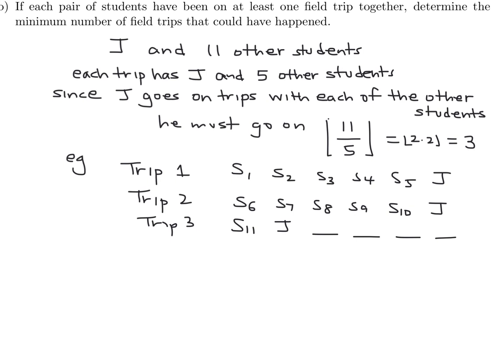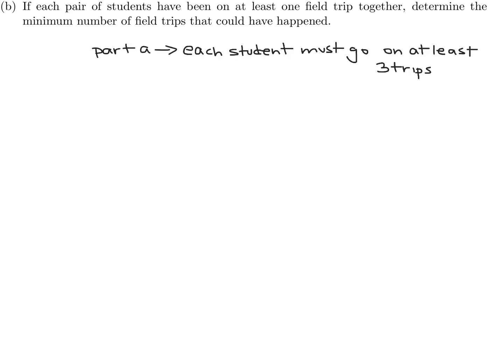If each pair of students have been on at least one field trip together, determine the minimum number of field trips that could have happened. Okay, so we just figured out that each student must go on at least 3 trips, right, in part A. Now, there are 12 students.